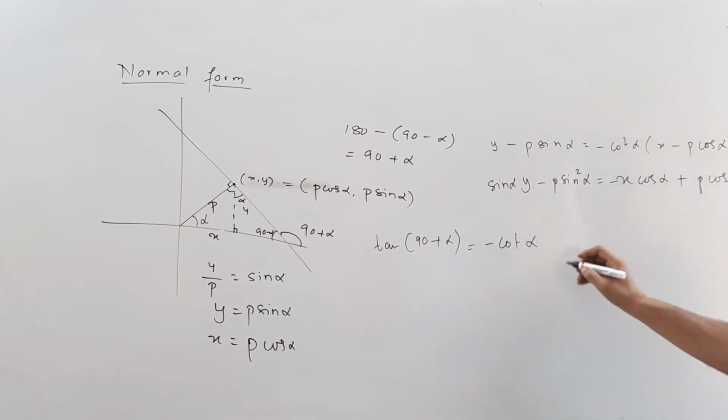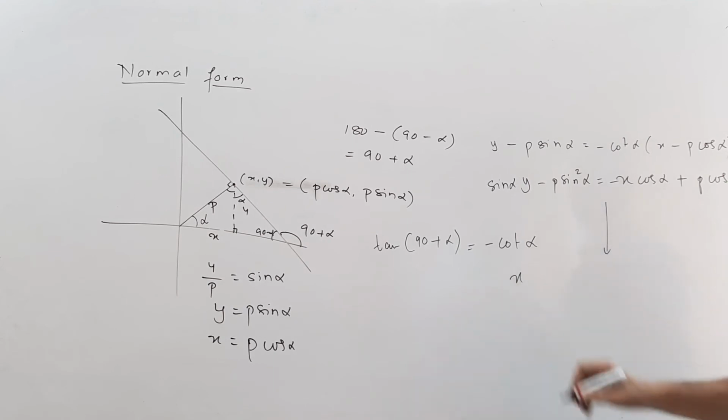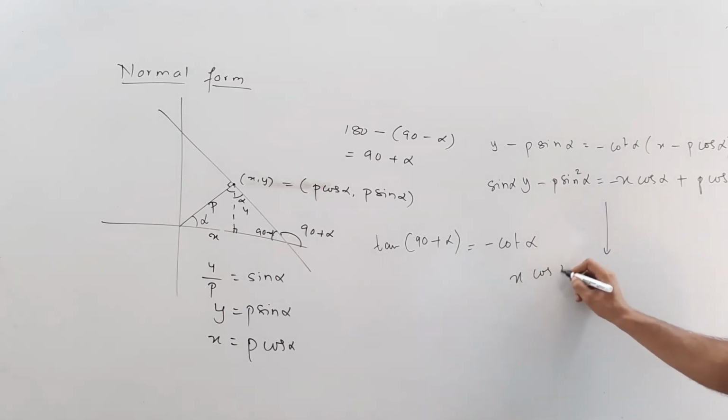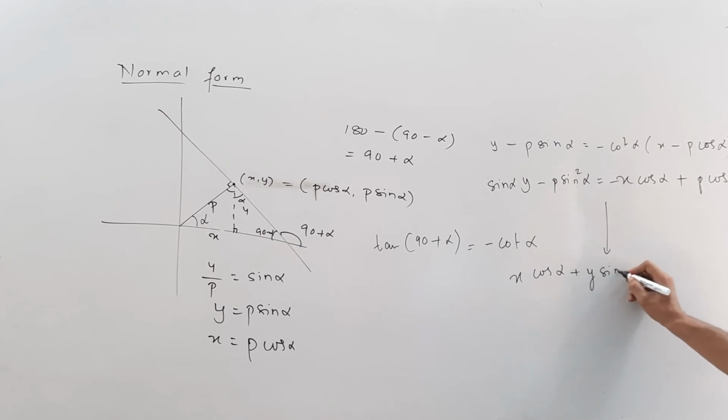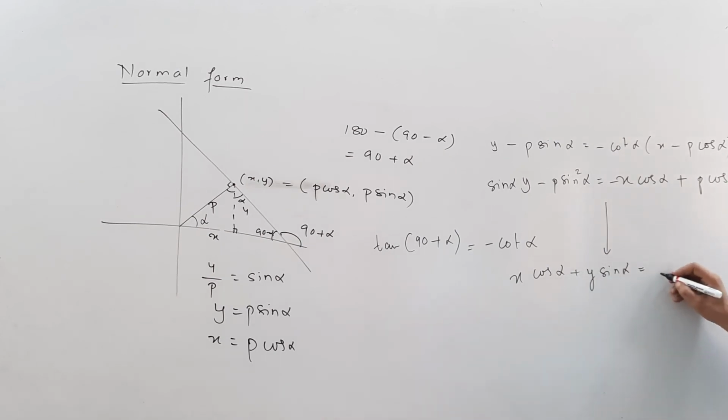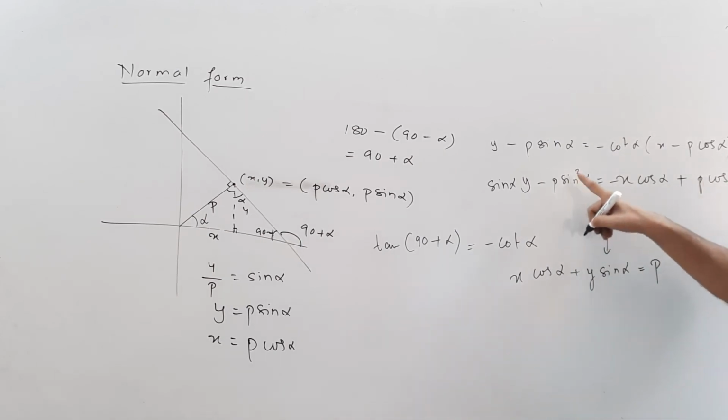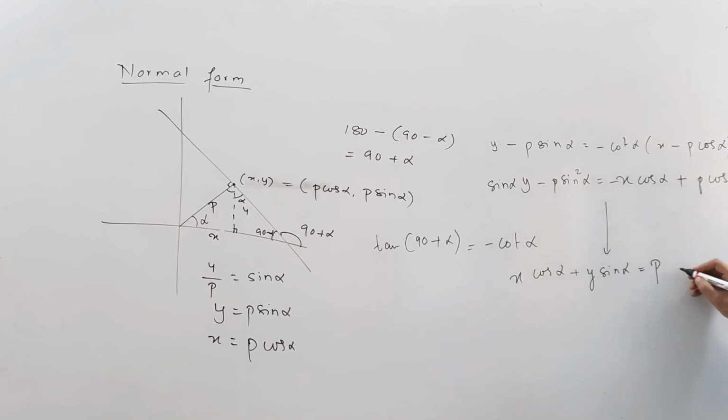Let's simplify further. If we go down, we'll get x cos alpha plus y sin alpha is equal to p cos square alpha, and this p sin square alpha will go on the other side. We'll get cos square alpha plus sin square alpha, which is nothing but 1.